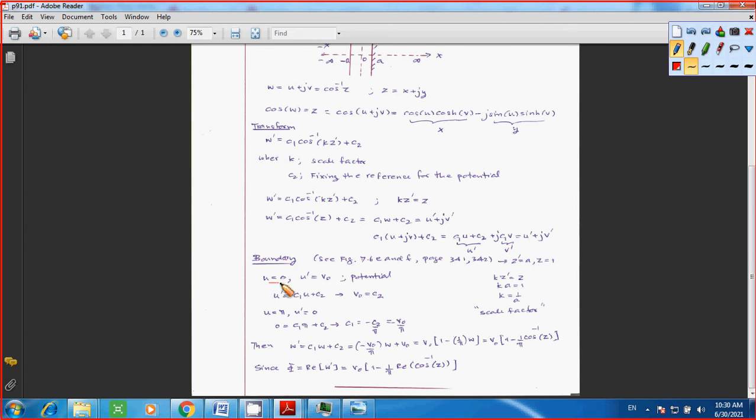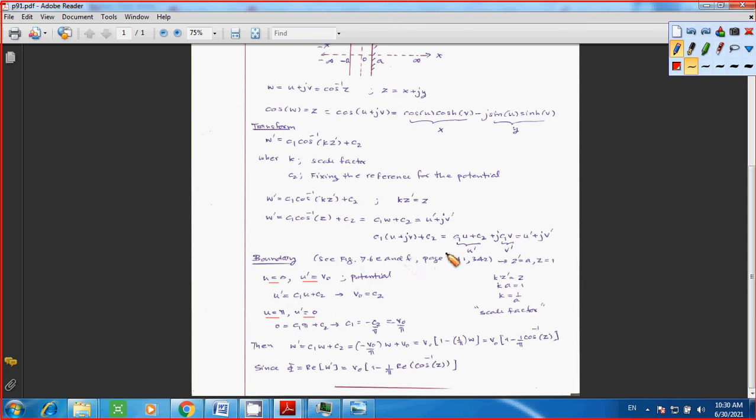For U equal to 0, and this is the transform plane, U prime equal to V0. And also for U equal to pi, that gives you U prime equal to 0. And with the scale factor Kz prime equal to Z, at Z equal to 1, Z prime equal to A. So this is your scale factor K equal to 1 over A to map the two planes.